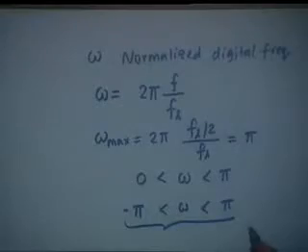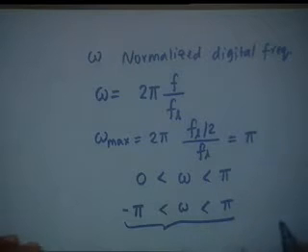In DSP, this is an advantage, this is fortunate: we do not have to go to infinity, our range of vision is limited between 0 and pi, if you want to plot the magnitude and so on. It is only positive frequencies that we bother about, but you must keep in mind that our range of vision in the spectrum domain is minus pi to plus pi, whereas in analog frequency you have to go from minus infinity to plus infinity.